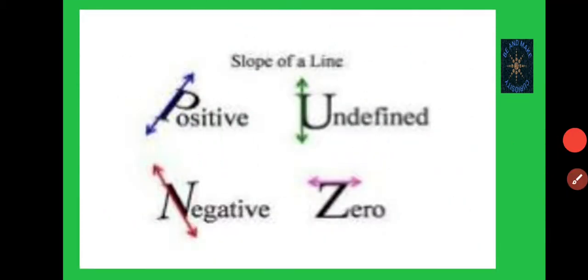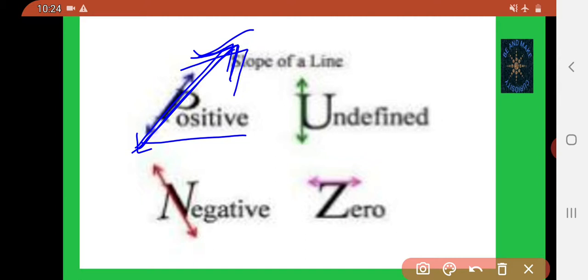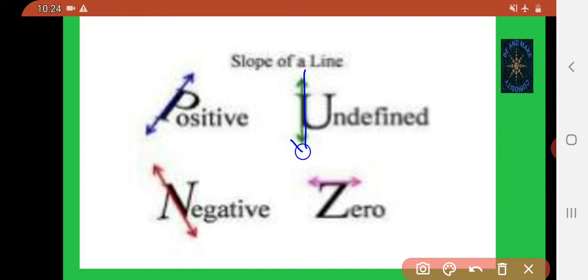Next. So you can easily remember: the slope of a line is positive when the angle between the line and the positive x-axis is an acute angle, and undefined for a vertical line.